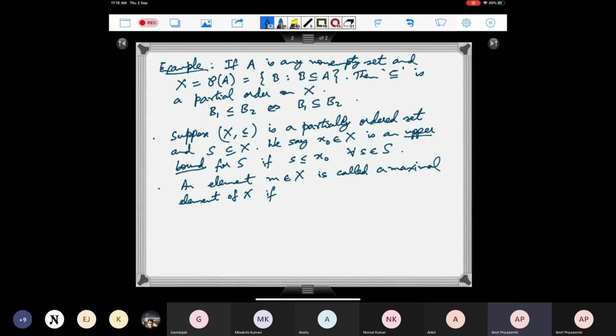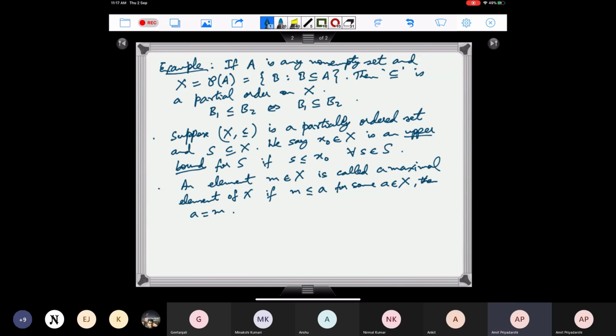So that means that suppose I have some element which is bigger than or equal to this, so if M is less than equal to A for some A belonging to X, then this A must be equal to M. Right?